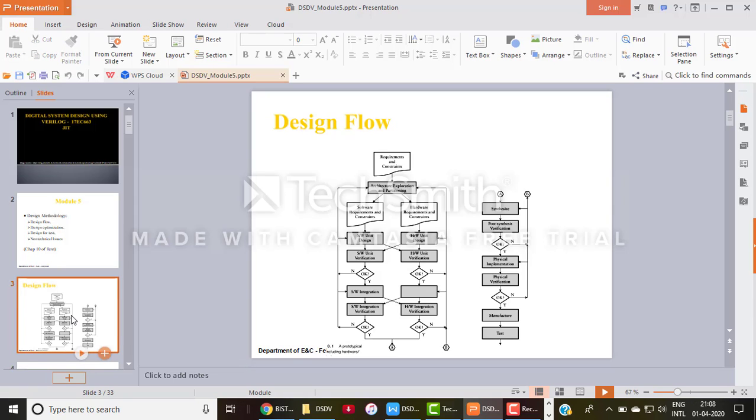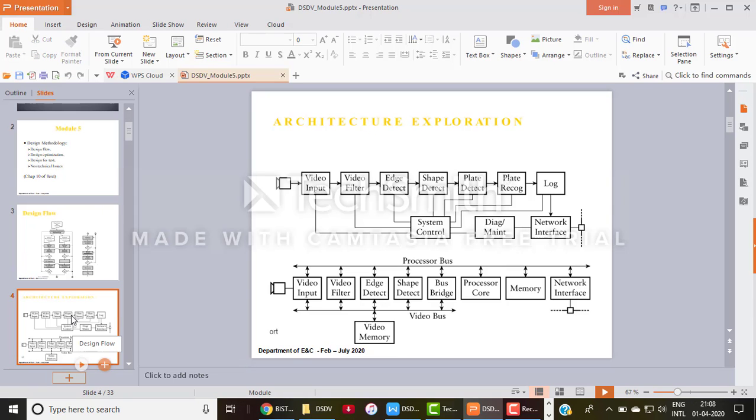Now proceeding to the next topic, architecture exploration is divided into some particular blocks. This is an important thing, and it is given in the question bank.